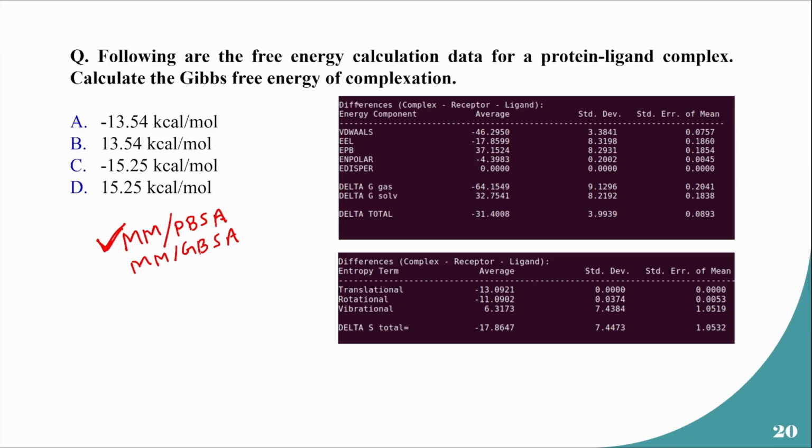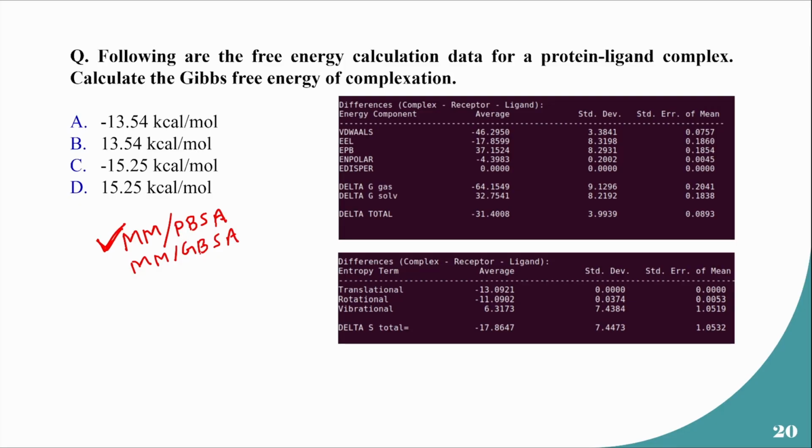Here, what the data is saying: firstly, on the upper block, it says differences, so complex minus receptor minus ligand. We looked at earlier that the binding free energy was delta G. Delta indicates the change from one state to another, and in this case each of the components of the delta G will be calculated.